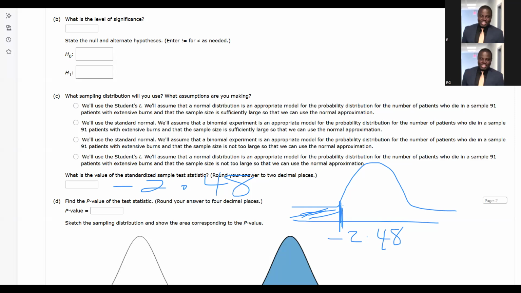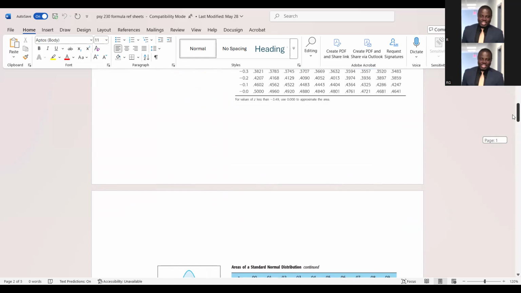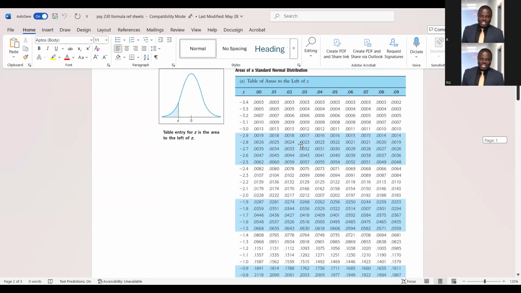So I'm going to my table, share my screen again, so that you can follow what is going on. Negative 2.48: negative 2.4 is here, and then my 8 is going to be there. So 0.0066.